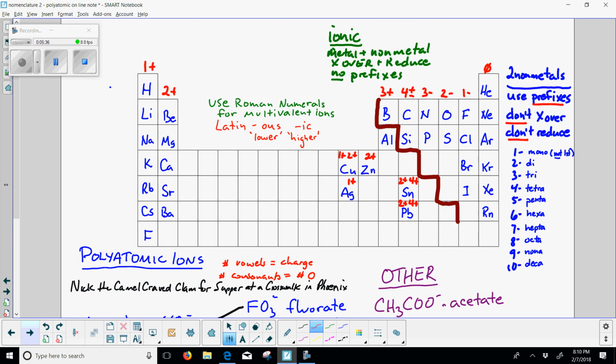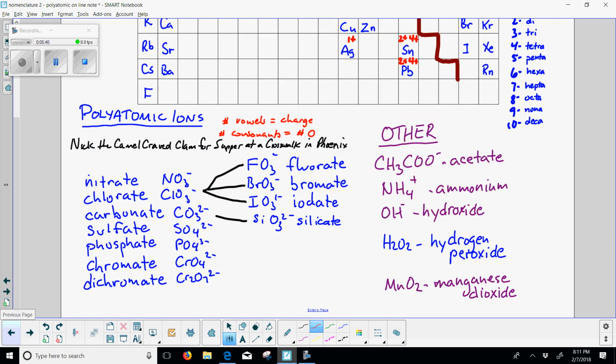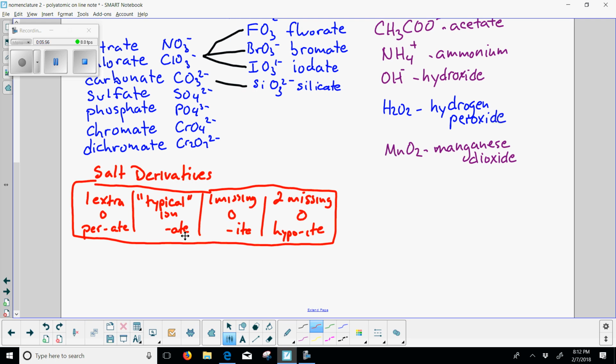What I'd like you to do now is add this as an extra feature at the bottom of your chart. Draw the simple table to show the different possibilities for the different numbers of oxygens present in the ion. Typical polyatomic ions have the ate ending. If you have an extra oxygen, use per-ate, so it'll be percarbonate, pernitrate.